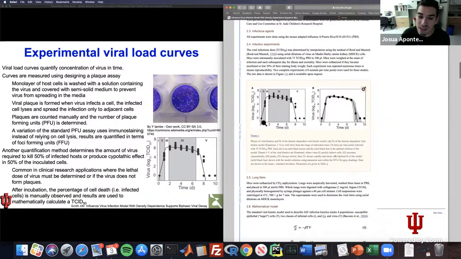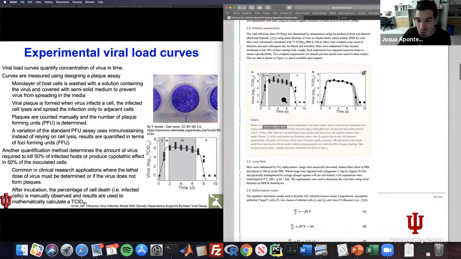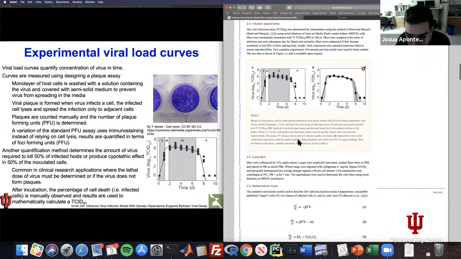So basically they had 120 mice, because it's 10 mice per point per measurement. What they did then was euthanize them by asphyxiation with CO2, which is kind of common, better than decapitating them, I think.